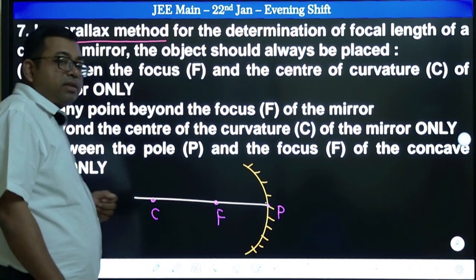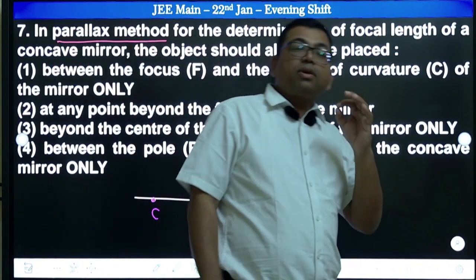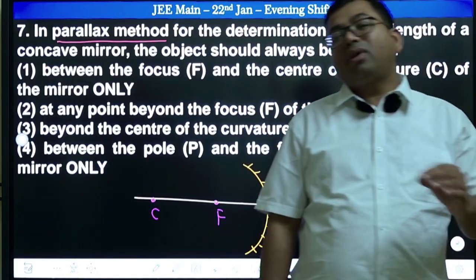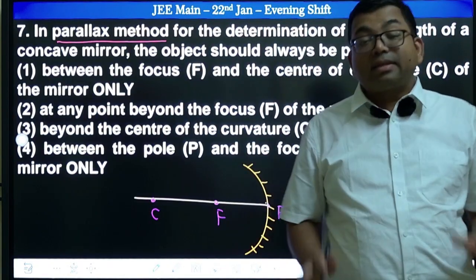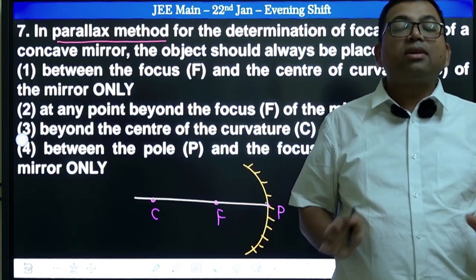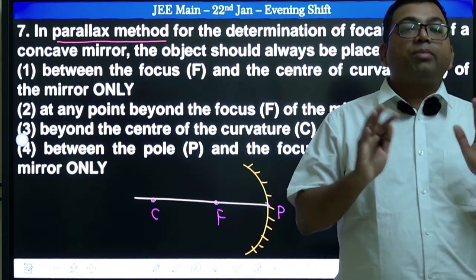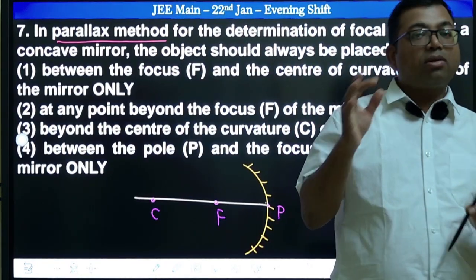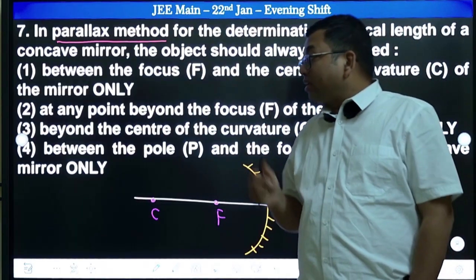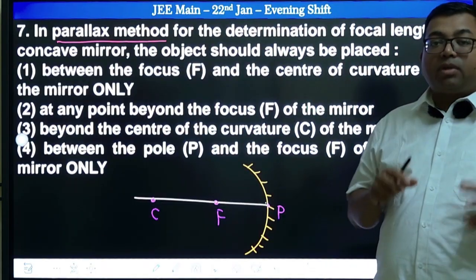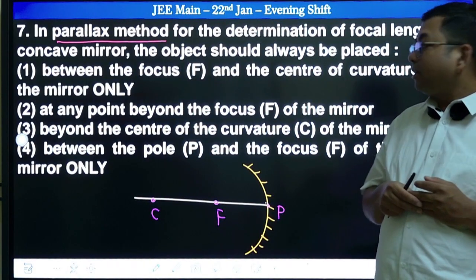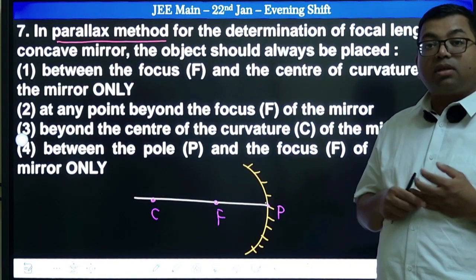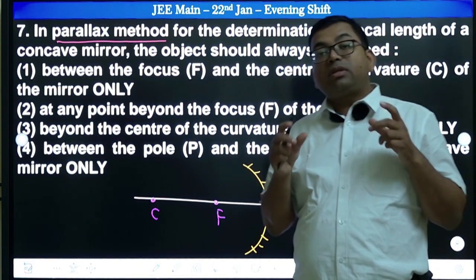So in the parallax method, what does it mean? You have to consider rays which make very small angles. It is paraxial rays, not the marginal rays, and all the formulas of mirrors or lenses are valid for paraxial rays. That means you can apply all the formulas. Now they are saying that we have to make an image, and definitely the distance measurement has to be done. So the image has to be a real image.